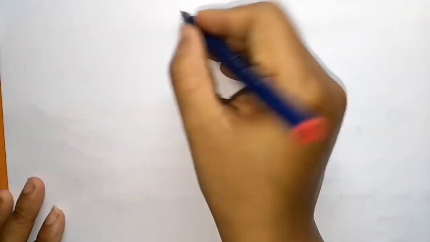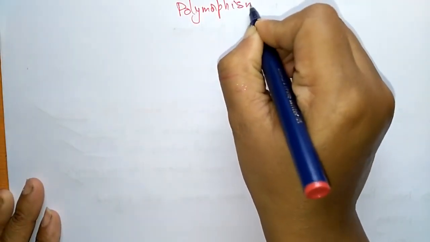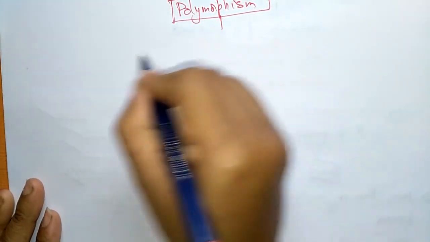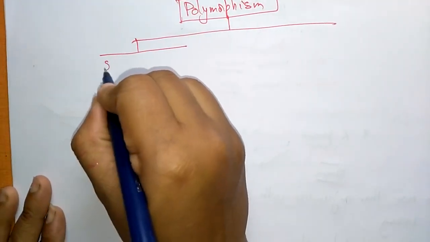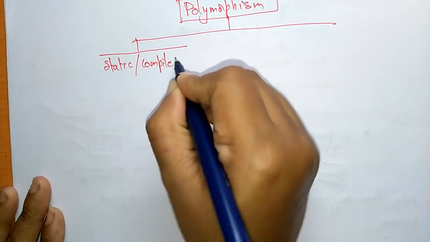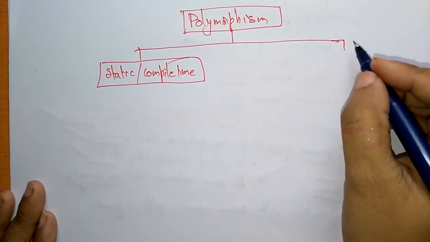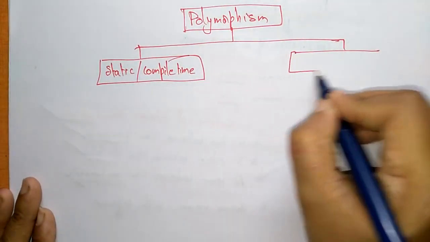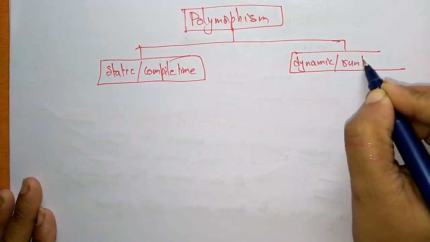So let us see. First, I said polymorphism is of two types: static or compile time polymorphism, and dynamic or runtime polymorphism.